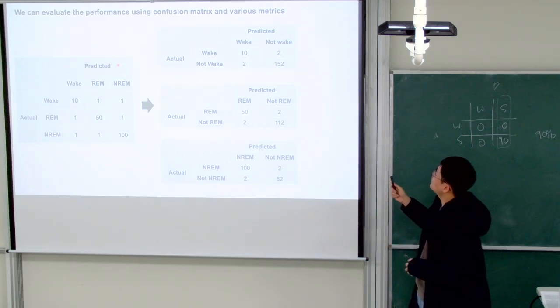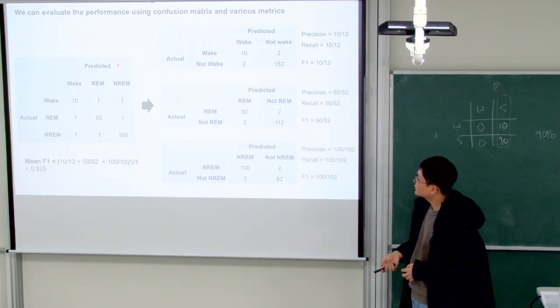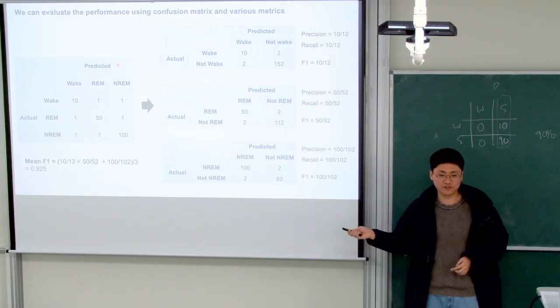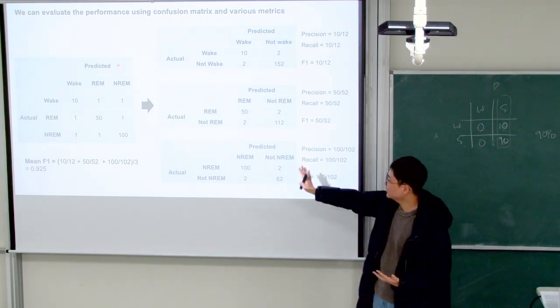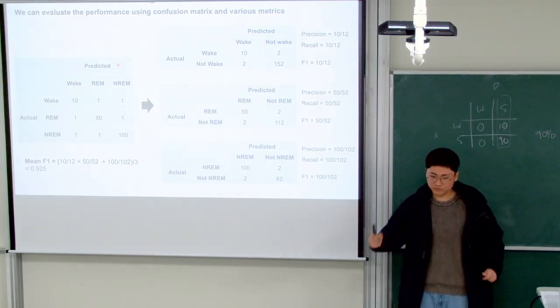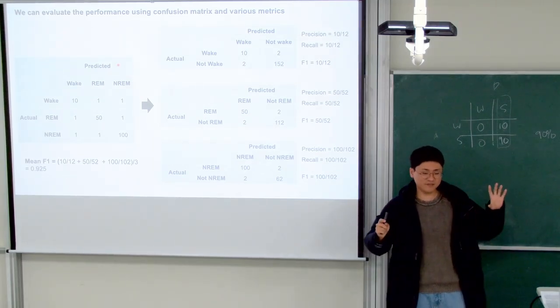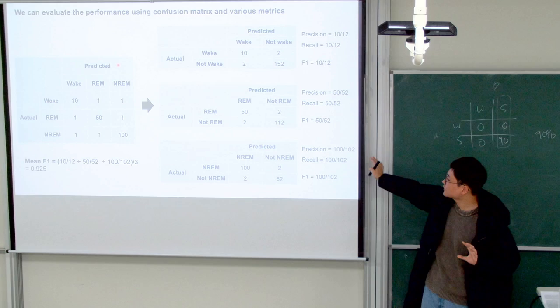And for each confusion matrix, we can calculate the F1 value. Then the mean of these F1 values can be used in some sense as a metric to evaluate this classifier.